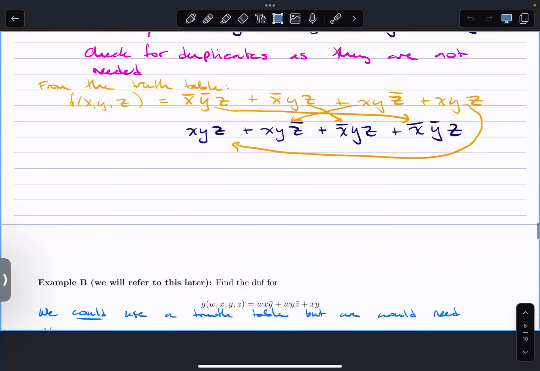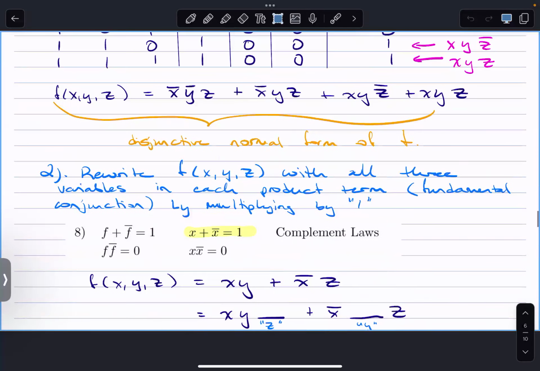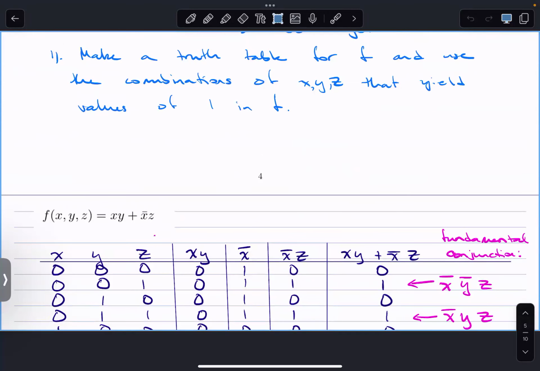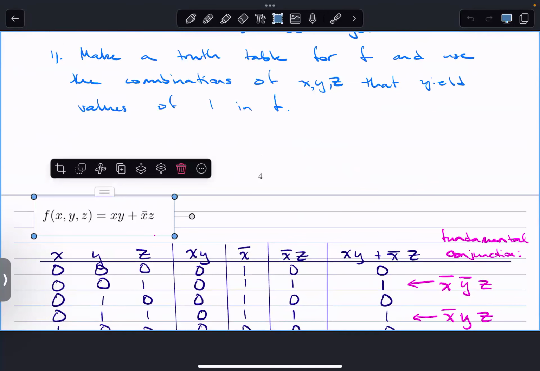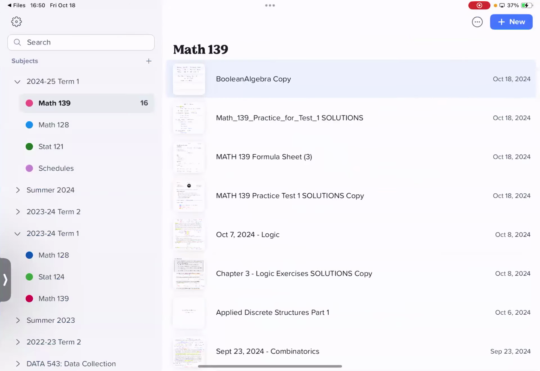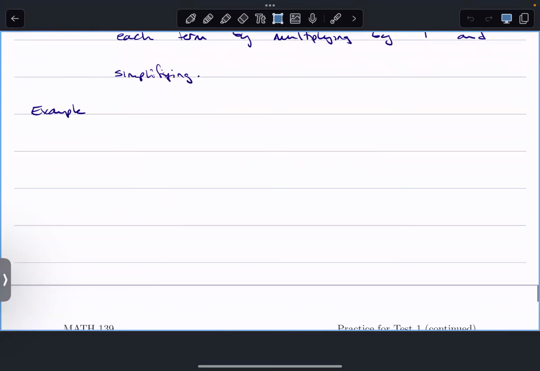Where's one that's better? Might have to use that one. I want to do this one first, and then I do want to do the last one on your practice. I'll give you a minute to try it too. Come on, paste.